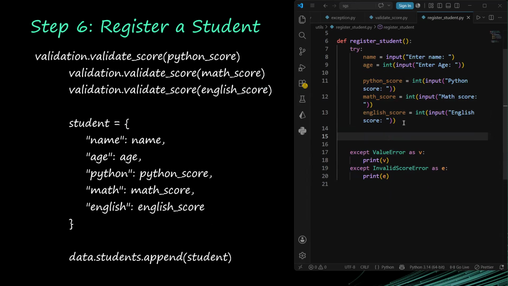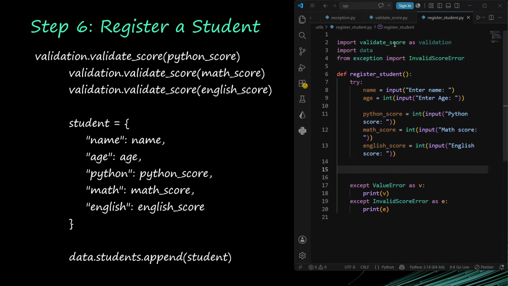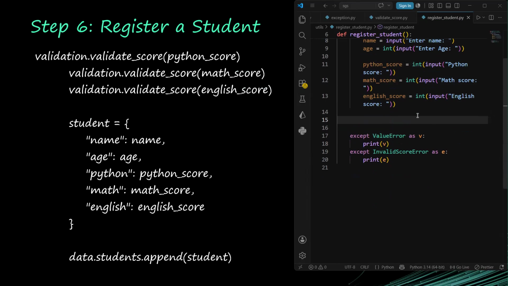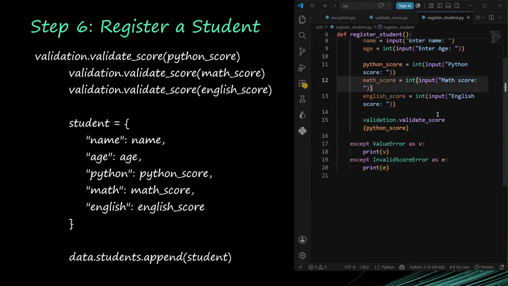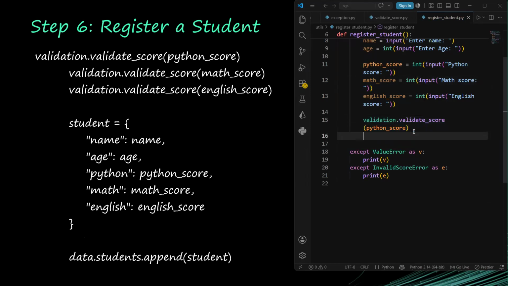So now, remember that I imported this validate score as validation. So I'm now going to say validation dot validate score. I want to validate Python score. Okay, I'm going to validate the three of them. So I will copy this, and then I will do this.